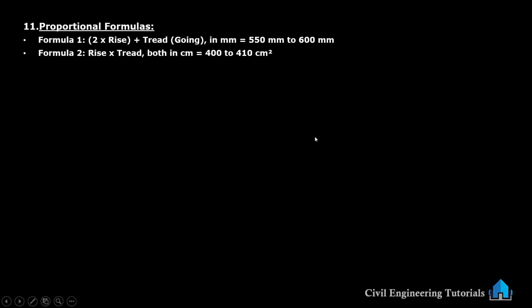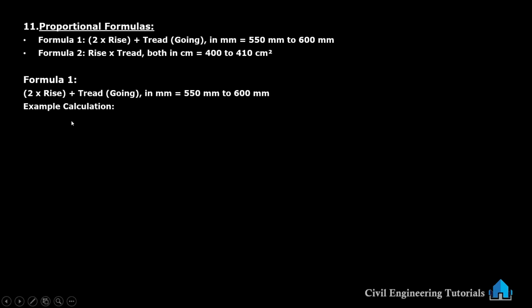Now we will take examples and check this. So formula number 1 is 2 into rise plus tread in millimeter, that is 550 mm to 600 mm.